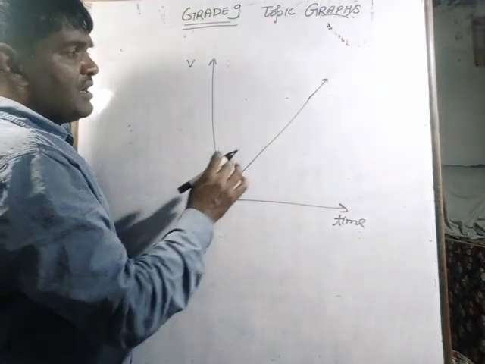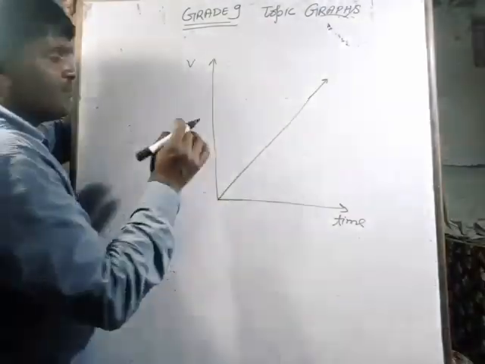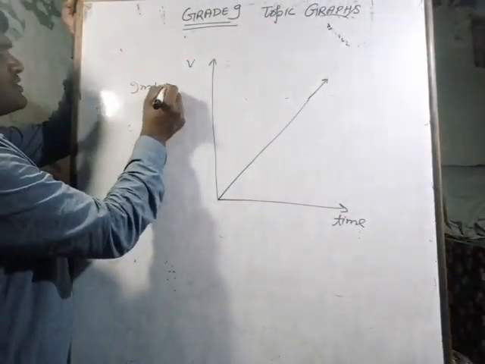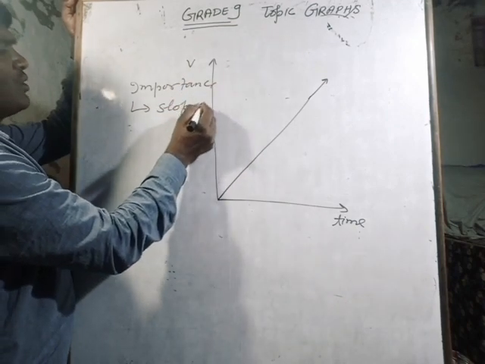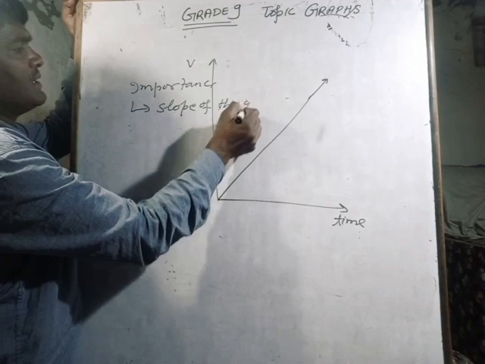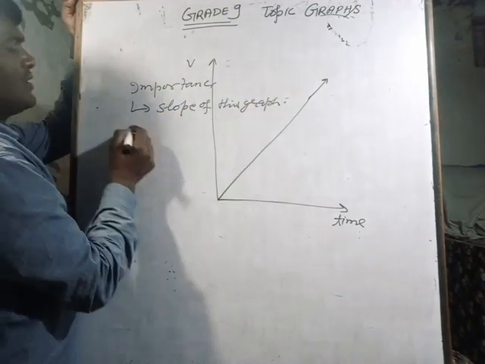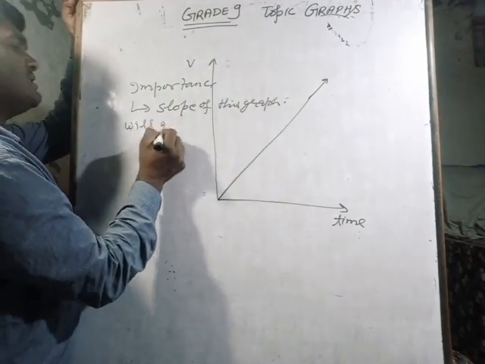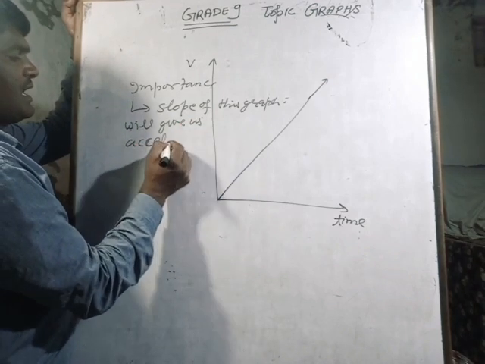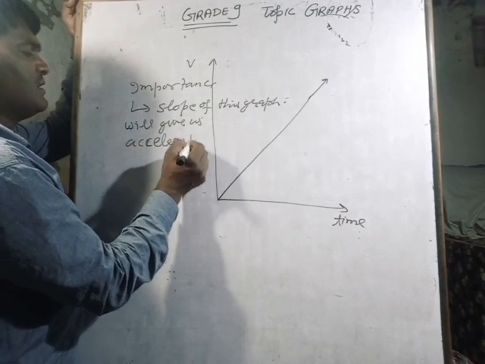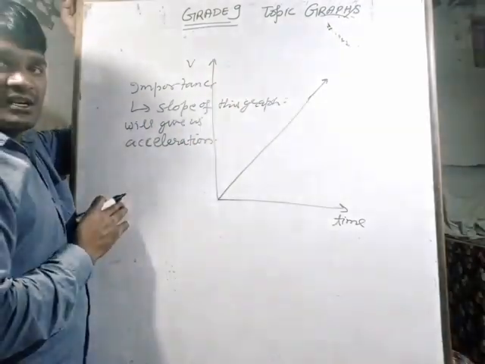Then if we talk about the importance of this graph, the slope of this graph will give us the acceleration with which that object is moving.